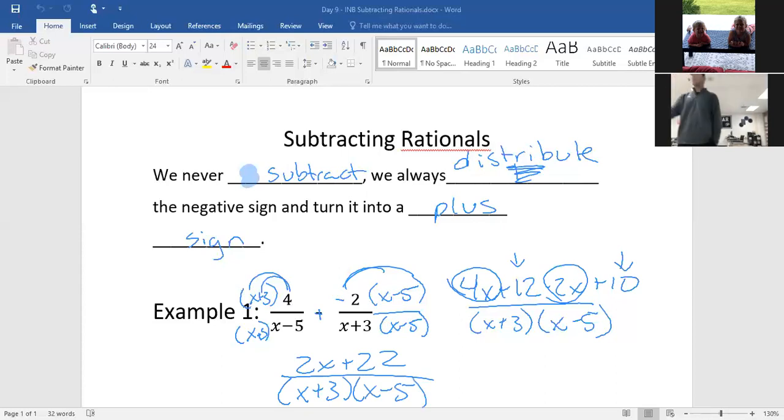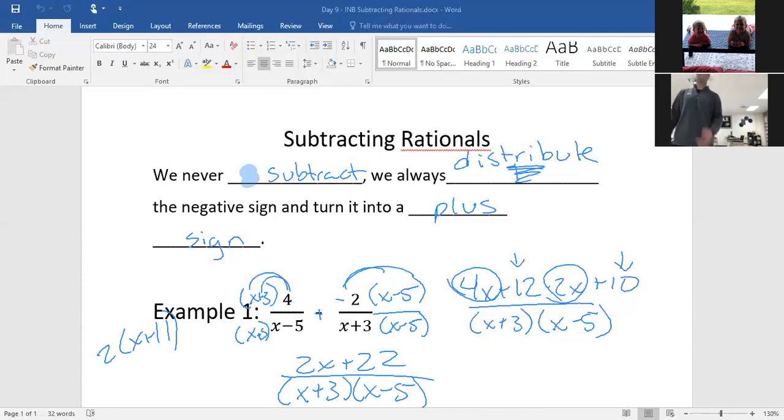Now, you could factor out a 2 in the numerator. I'm going to put this over here to the side. It's going to be 2 times x plus 11. I'm okay with that answer also, but for my purposes, I know that x plus 11 is not going to cancel out with anything in the denominator, so to me, there's no point in factoring that out.